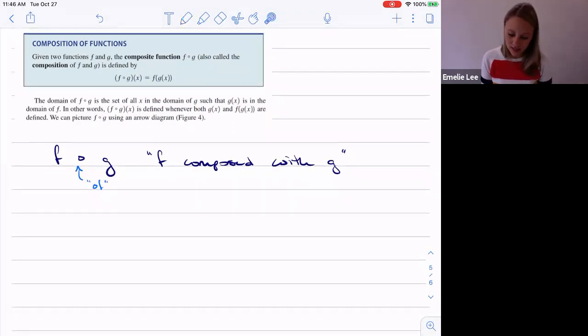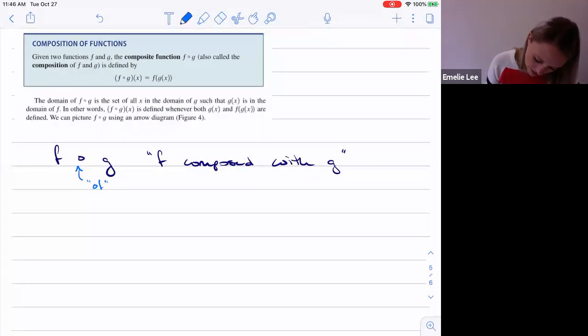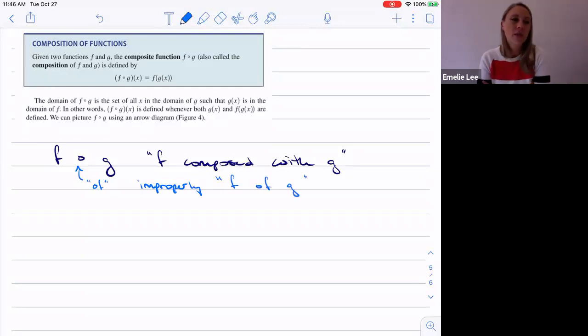It is technically f composed with g, but what I say improperly is f of g. It works, right? Because it's f of g of x. Technically what we should be saying is f composed with g, but if you read it as f of g, it totally makes sense because you're plugging that g of x into that f of x.